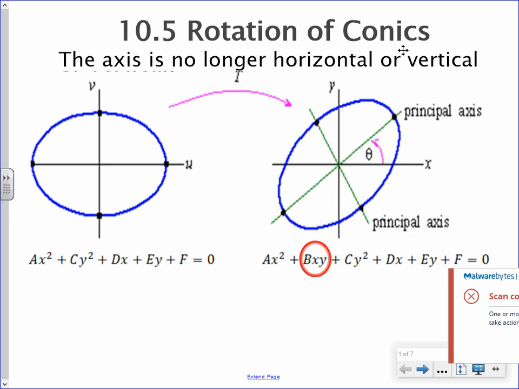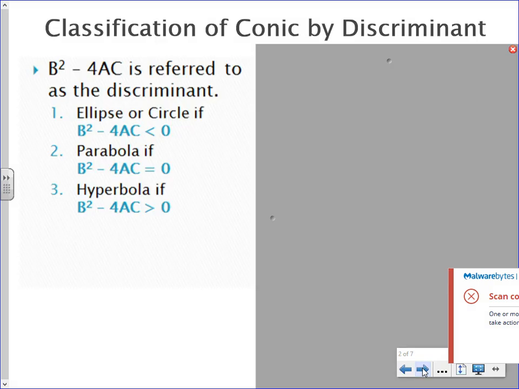Instead, you've written down ax squared, bxy, and cy squared. These three coefficients are going to tell you what type it is. We're going to use b squared minus 4ac. That should sound familiar from a particular formula.